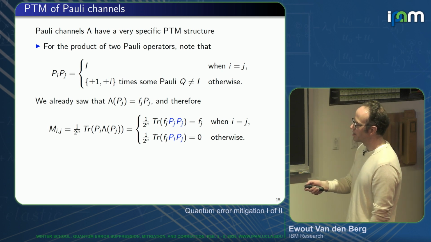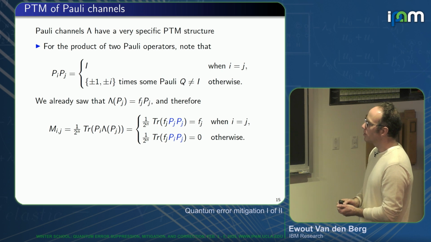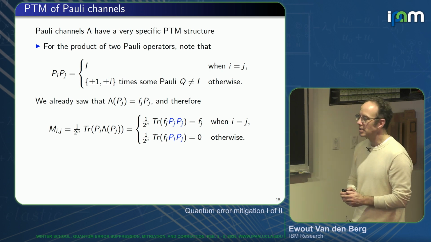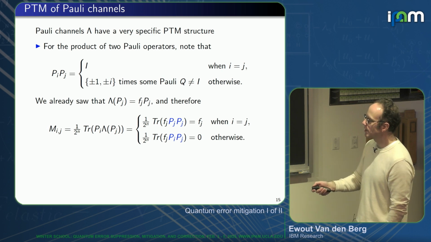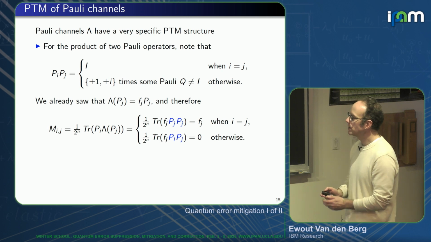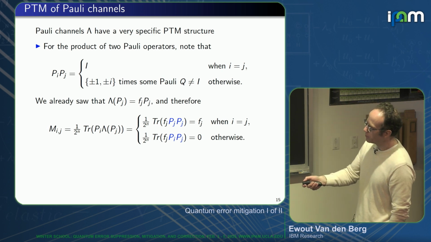I think it's just plus or minus i in this case. We already saw that if you put a Pauli in a Pauli channel, then you get some fidelity of the Pauli. Now, if you look at the full matrix here, we just need to evaluate this.